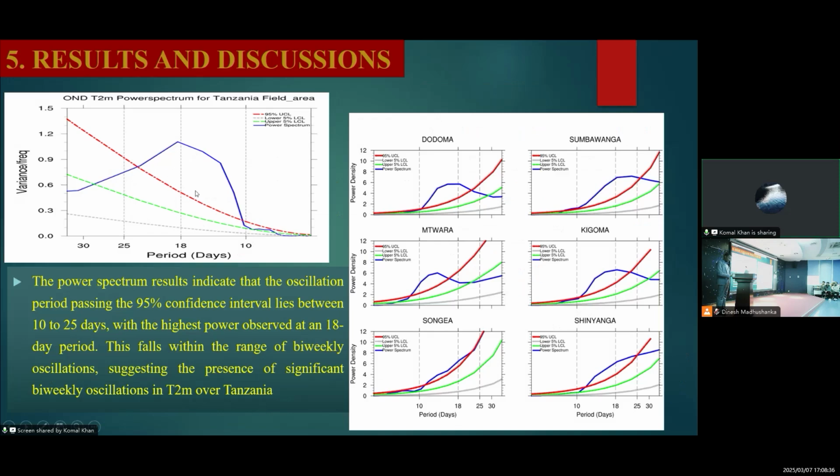As you can see, this area passes our significance test. And considering individual stations, we also find that separate stations have similar behavior. So this gives us the go-ahead on filtering this part because it is significant.